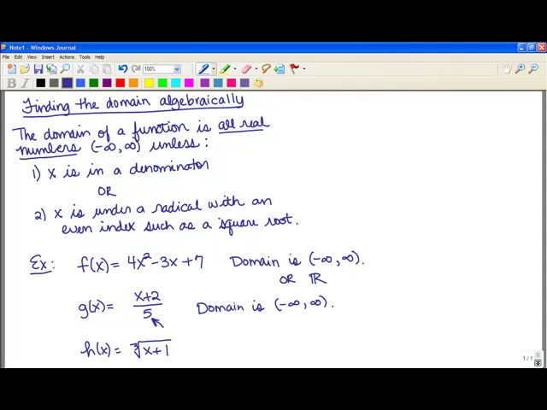So it doesn't have an even index. Actually, this problem has an odd index. The index is actually the root that we're looking at. So therefore, number 2 is not satisfied. It is not an even index. It's an odd index. So the domain will be all real numbers.